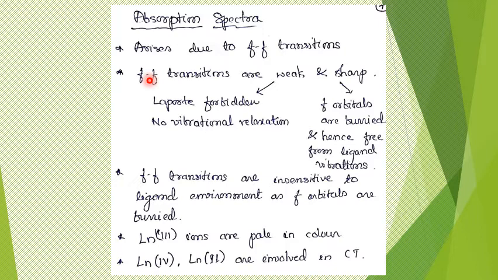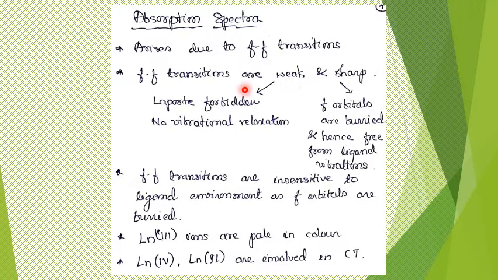So these 4f orbitals being buried are not much affected by ligand vibrations. Ligand vibrations take place at the outer radial part of the atom. That will not seriously affect f-f transitions, and because of this, vibrational relaxation will not be observed. So these will be purely f orbitals, and f-f transitions will be completely Laporte forbidden, and that's how they will be weak.